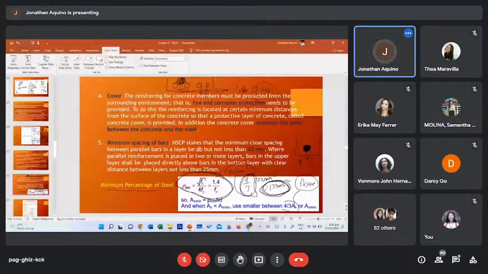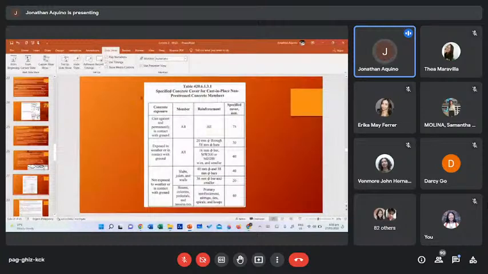Okay, so in NSCP, these are the prescribed minimum requirement or minimum concrete cover. So if the member is cast permanently in contact with the ground, so ito yung mga foundation natin, mga footing, the minimum cover should be 75 millimeter.